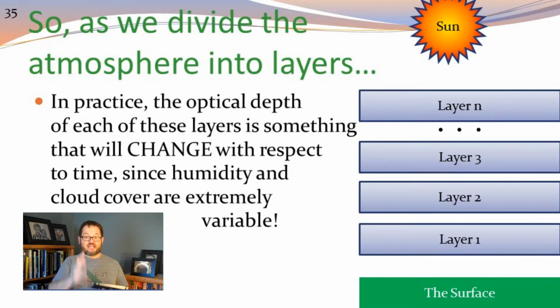Well, clearly the amount of cloud in each of these layers could change. So this is something that we're going to have to compute in our model with respect to time. As conditions are changing based on the weather and so on, we're going to need to recompute this radiation model each time as the water vapor in the atmosphere changes, as the cloud cover changes, and so on.